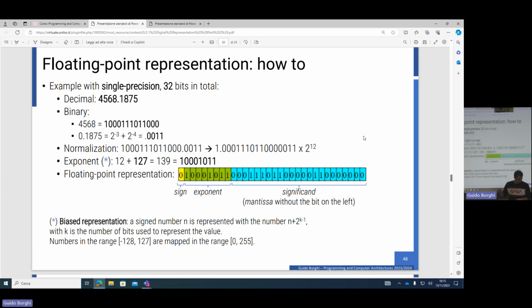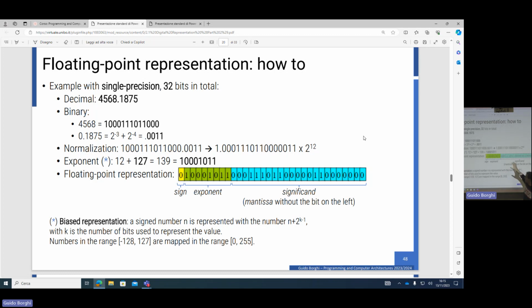Last time we have seen many things, and the last thing was the floating point representation. Maybe you remember something about it, and you have seen this exercise that we have done together last time.